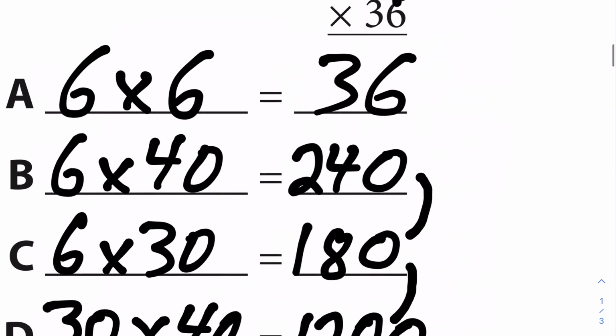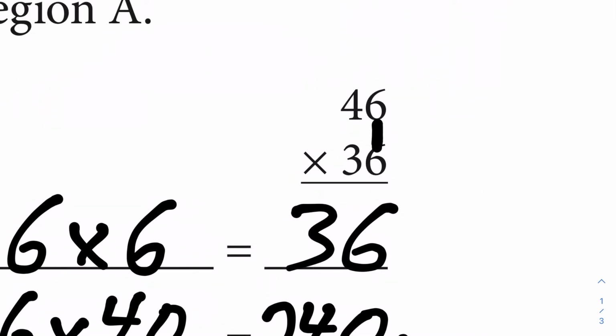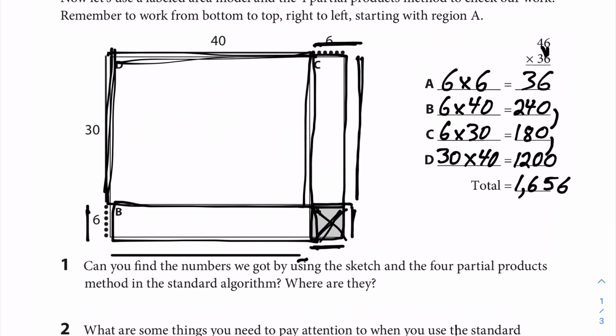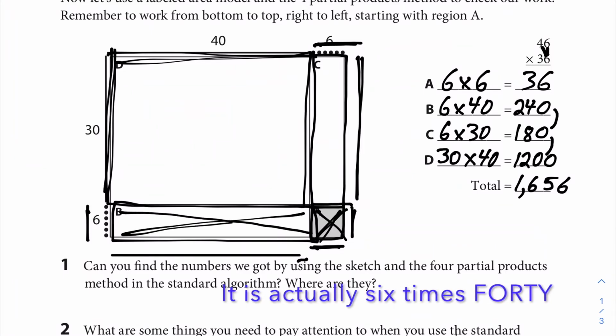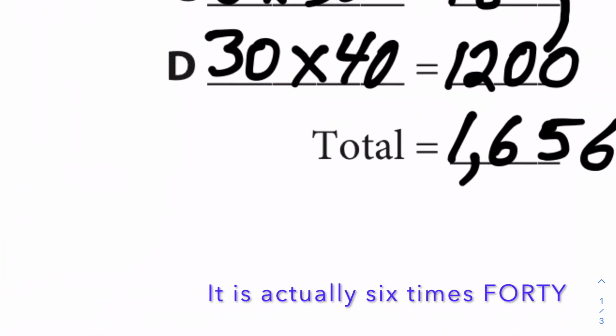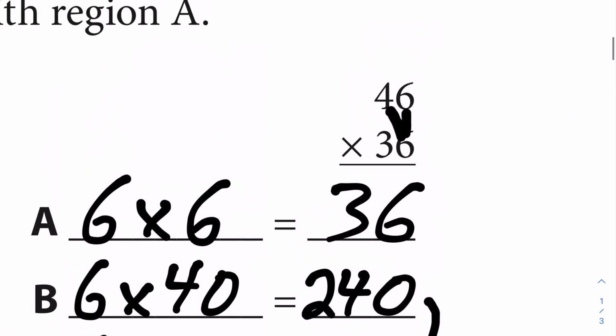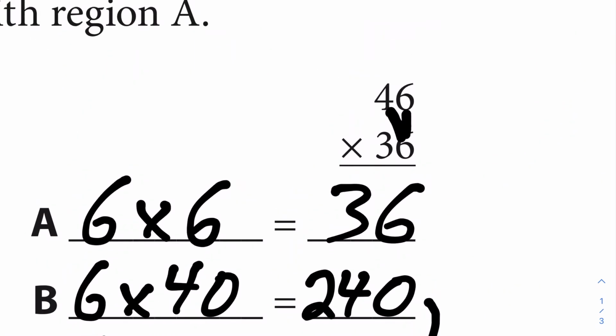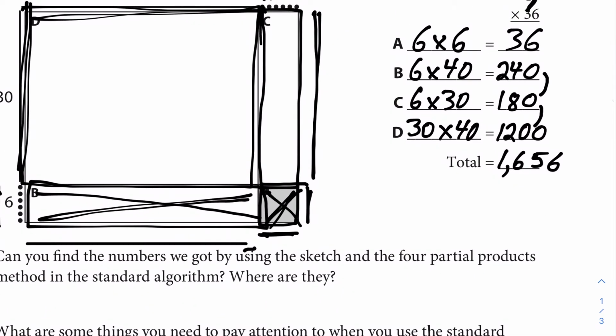And can we find where we multiplied the 6 by the 4 in the standard algorithm? Yeah, we can. 6 times 4, that was right here, that section. And then can we find where we multiplied the 3 by the 6 like we do in the standard algorithm? Well, 3 by 6 is right here, this section.